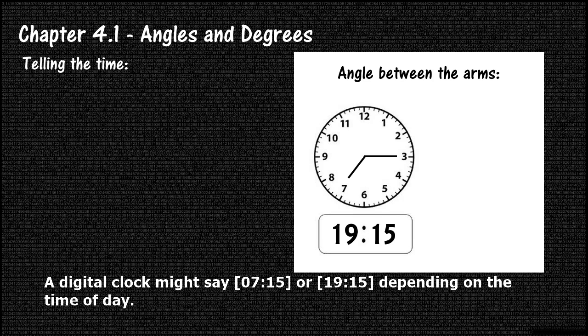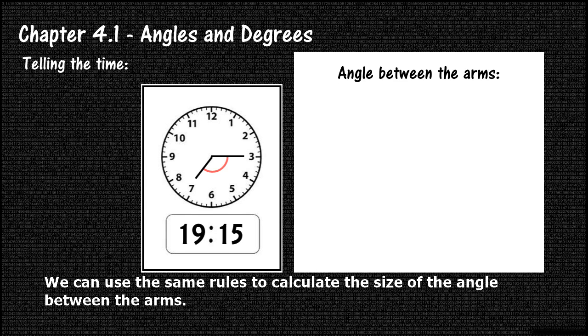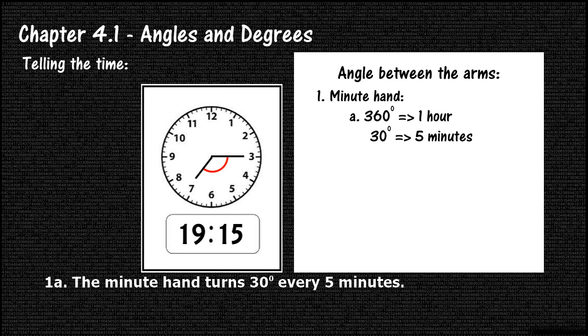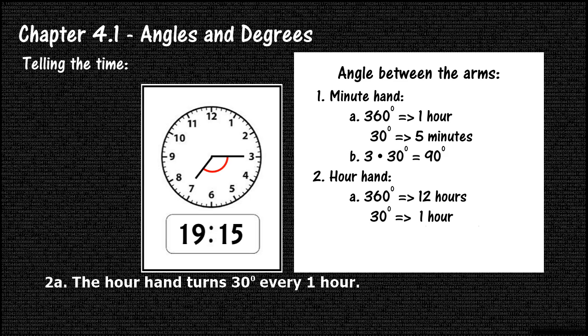A digital clock might say 7:15 or 19:15 depending on the time of day. We can use the same rules to calculate the size of the angle in between the arms. The minute hand turns 30 degrees every 5 minutes. So with the minute hand pointing towards the 3, he has traveled 3 times 30 is 90 degrees. The hour hand turns 30 degrees every 1 hour.